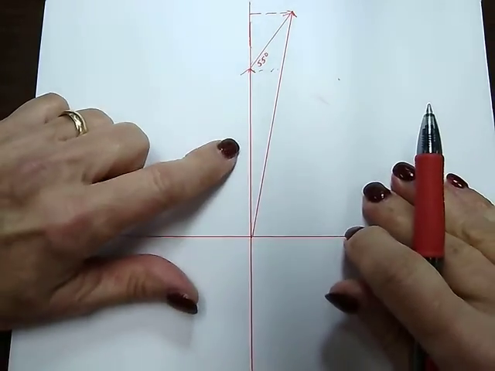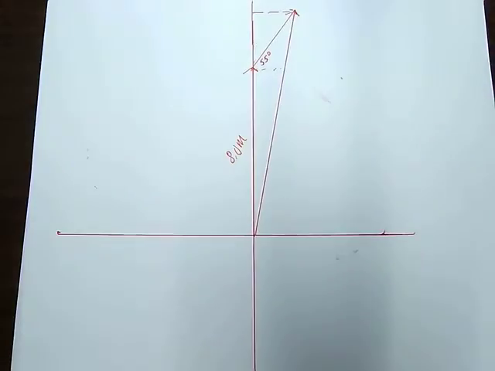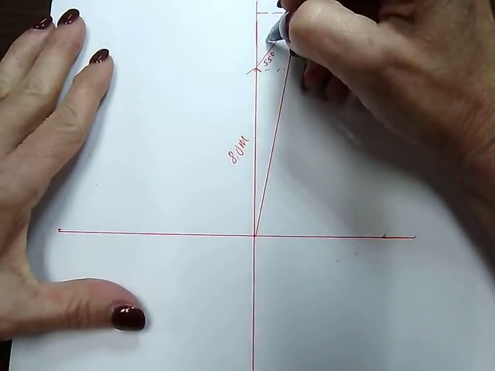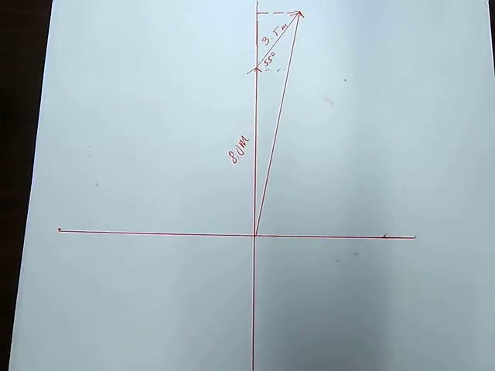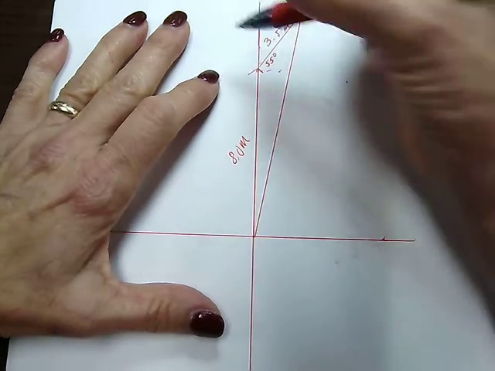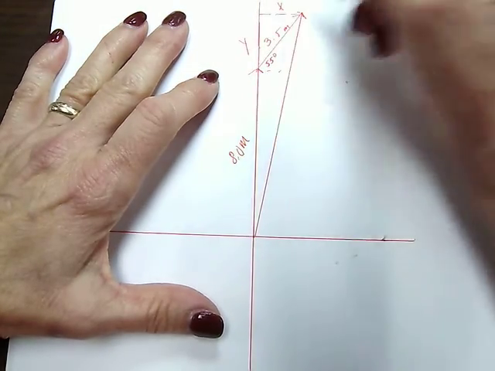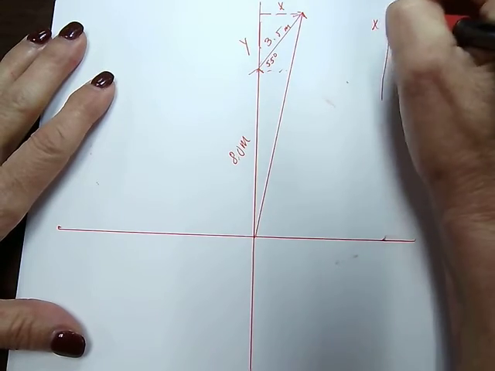I know that this one is 8 meters. I know that this one is 3.5 meters. So I need to know this y and this x so I can add them to this.